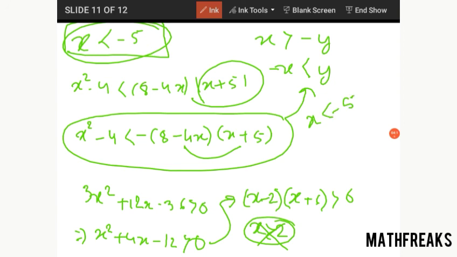So if x is less than minus 5, how can x be greater than 2? So this case is obviously denied. Another case that we are getting is x less than minus 6, correct? So our solution is x less than minus 6.